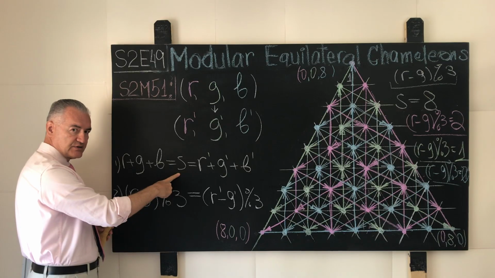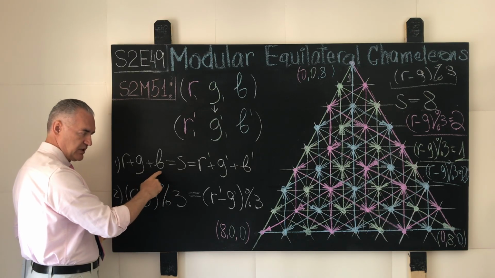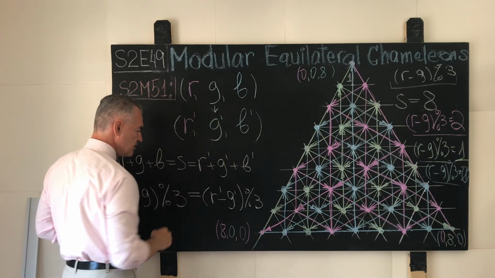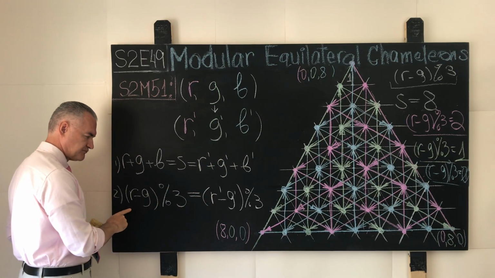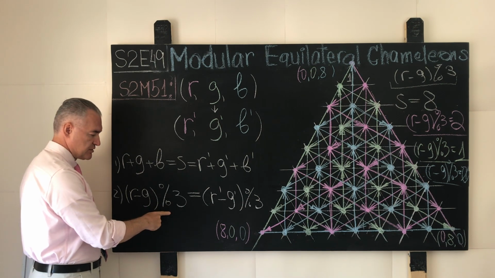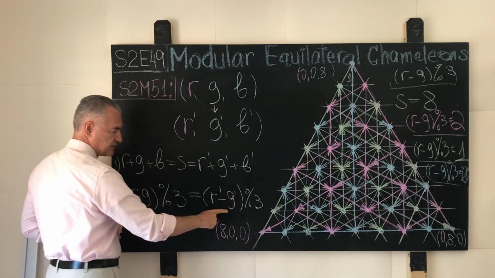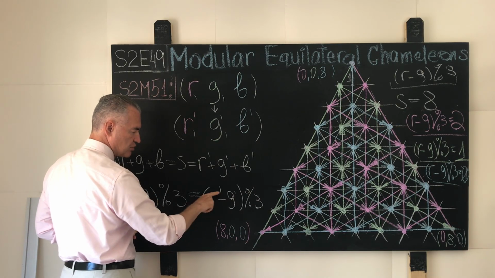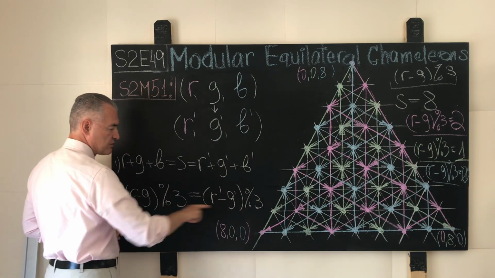The sum is the invariant. R plus G plus B is equal to R prime plus G prime plus B prime. That is the first condition. And the second condition is that the value of the invariant R minus G modulo 3 for the first triplet is exactly the same as the value of the invariant R prime minus G prime modulo 3.